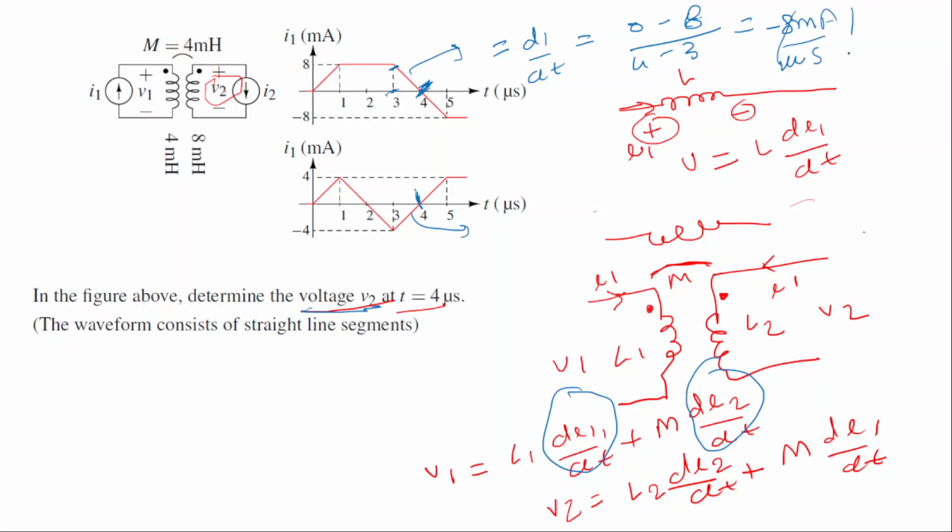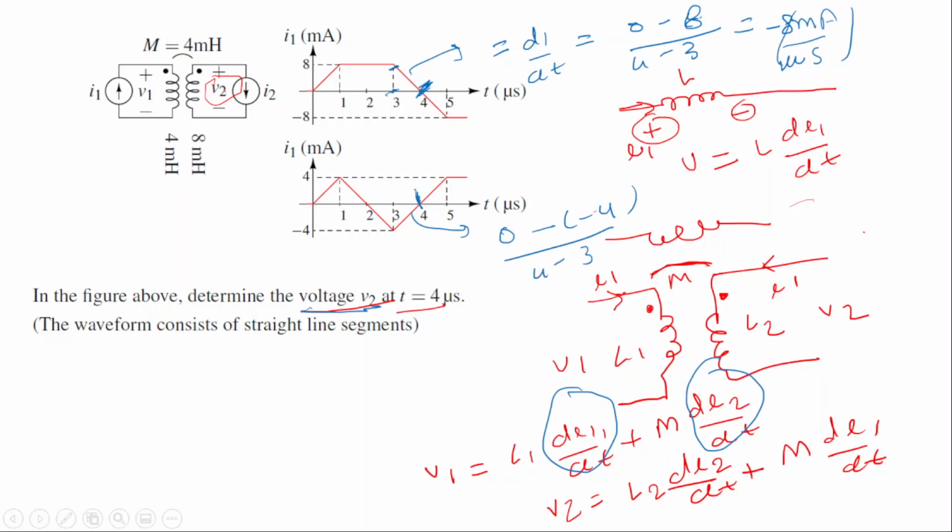Please note the reading. Now in this case, the slope at the time t equals 4 microsecond, the value is 0. So 0 minus, at 3 the value is minus 4, so minus 4, divided by 4 minus 3.